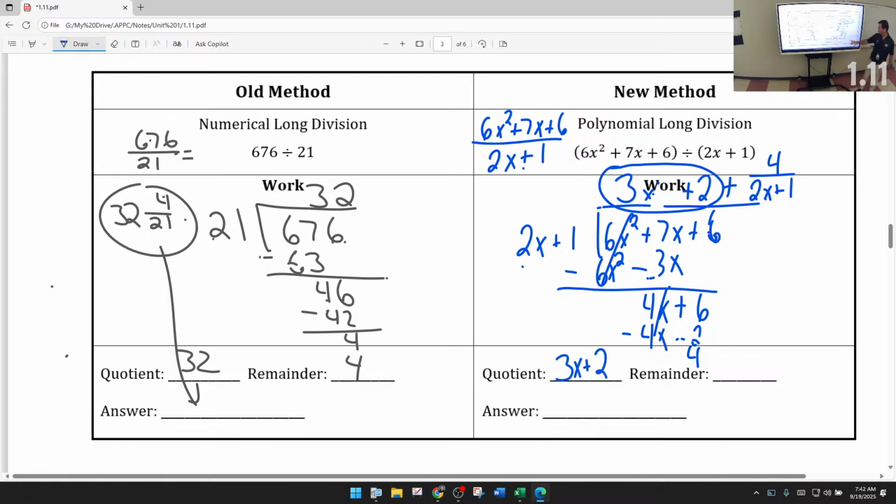The remainder is 4. And then the answer is what I have all up here: 3x plus 2 plus 4 over 2x plus 1. So hopefully you did that. It wasn't too big of a trouble when you did it in Algebra 2. You'll have some practice on your homework. Okay? Beautiful. Let's go down.